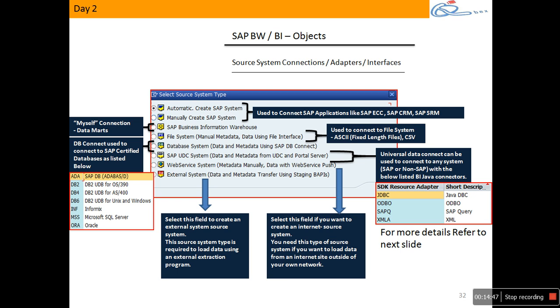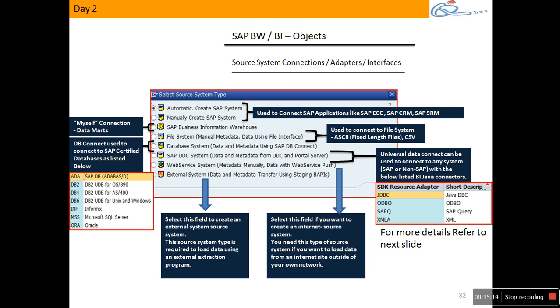So the external source connects to your ETL tool, and the ETL tool connects to BW. When you want to connect third-party ETL tools to BW, we use this connector, external system with BAPI. Say I have mainframes and I want to connect them to BW, with Informatica as the middleware. The mainframe is connected to Informatica, and Informatica connects to BW using these BAPI connections.